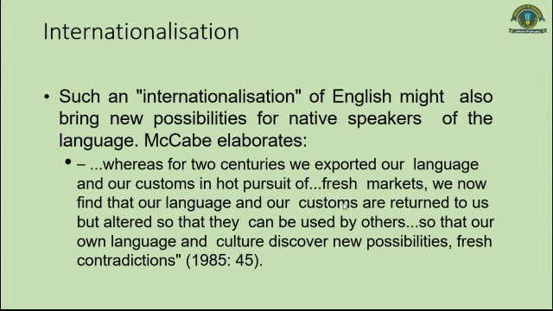Next concept which is associated with linguistic imposition is internationalization. Such internationalization of English might also bring new possibilities for native speakers of the language. That is McCabe.